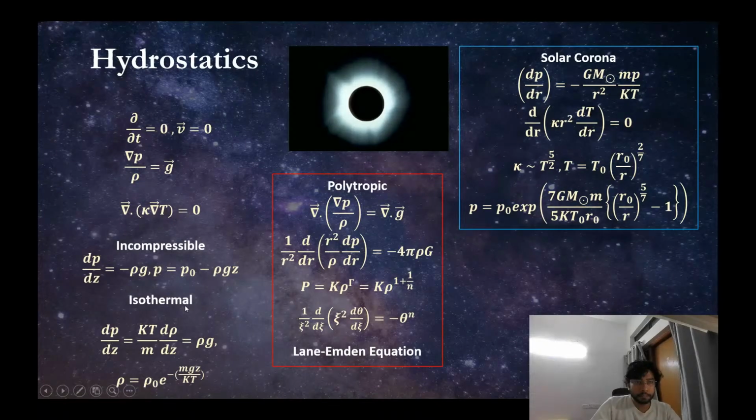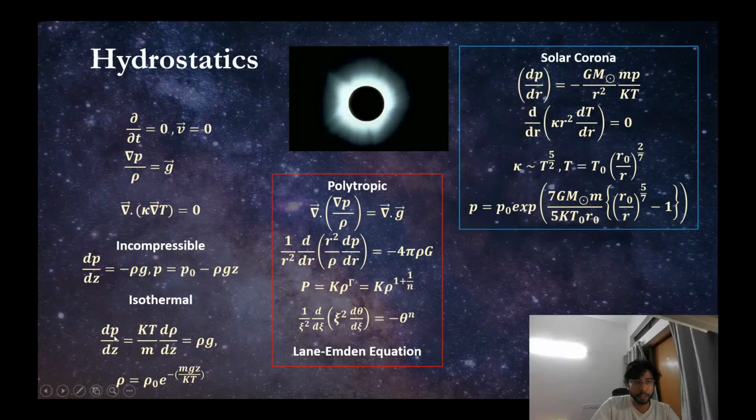Now, another assumption is the isothermal case. Isothermal means that the temperature is constant. In the previous case, the density was constant. Now the temperature is constant, right? So what will we do? We know that for an ideal gas, P equals rho kT by m, the ideal gas equation.